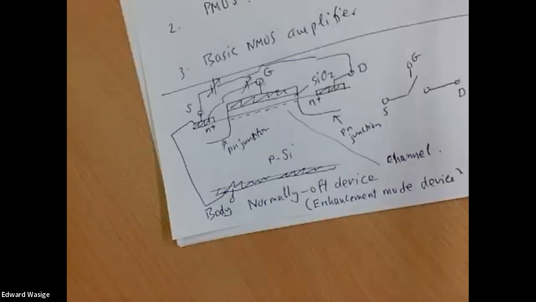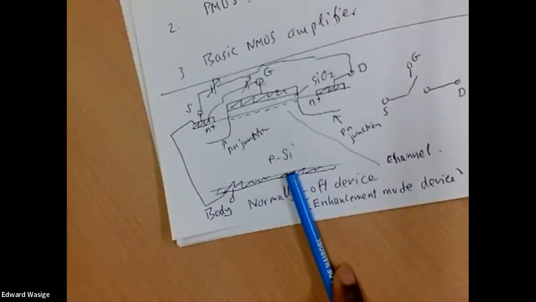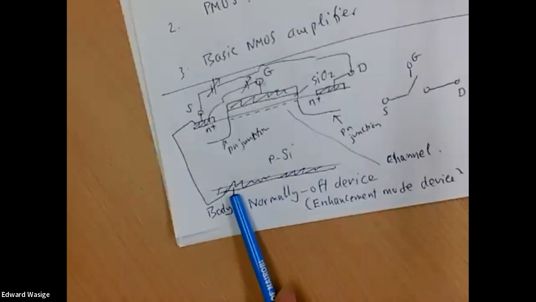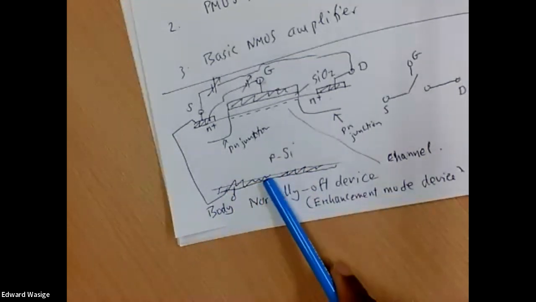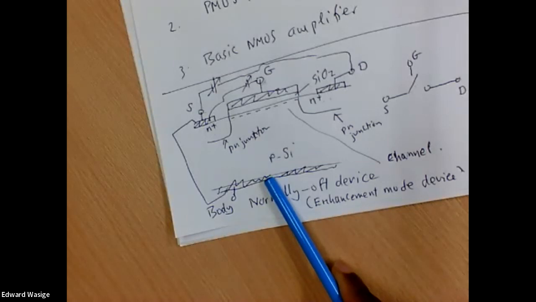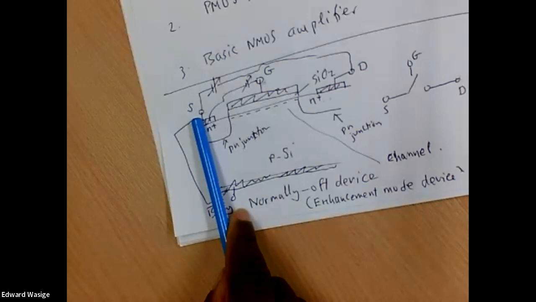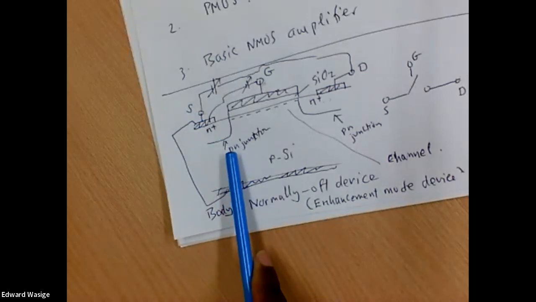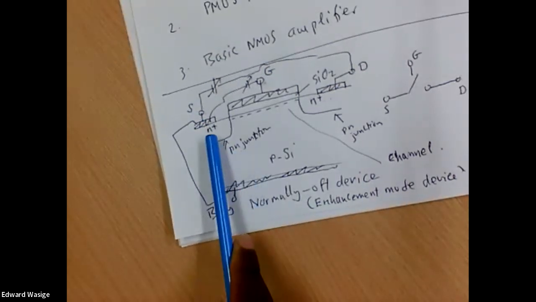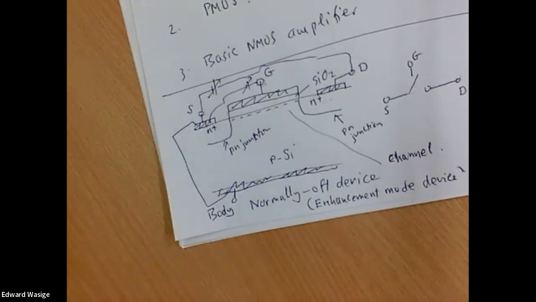The reason for the body contact is you want this region to have a defined potential. If this bottom side of the wafer sits at the same potential as the source, it means that the PN junction between the body and that n region is always reverse biased.